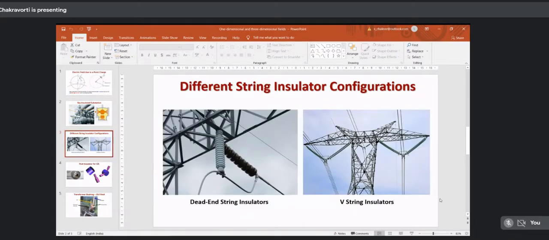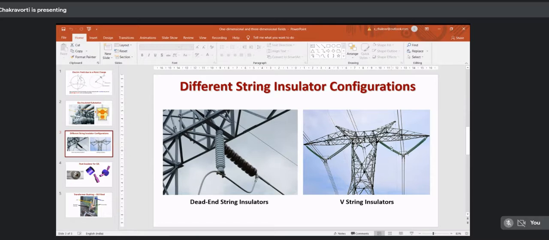I hope now you can see these are very normal high voltage transmission lines. And you know that if you see the left hand side diagram, this brown color is a very normal string insulator. If you take this very normal string insulator, it is definitely axisymmetric. Similarly, on the right side, you can see this is called a V string insulator.